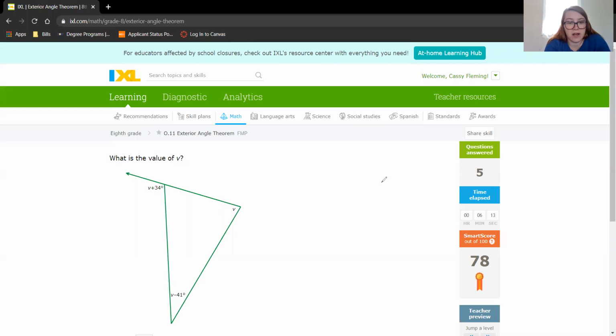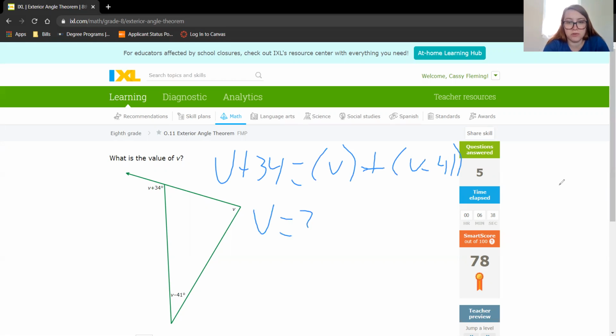It wants to know what the value of V is. So we know that V plus 34 is equal to V plus V minus 41. So V plus 34 is equal to 2V minus 41.